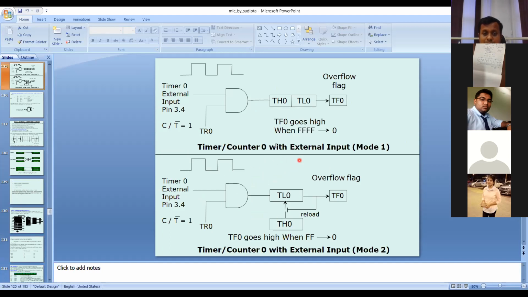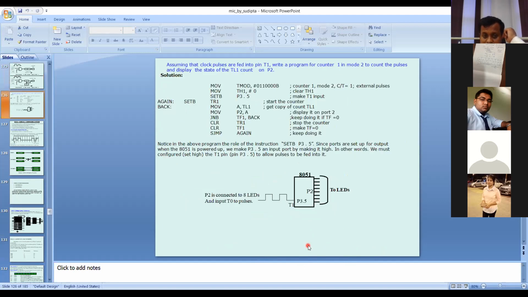This is a counter 0 operation, means clock pulses coming from the external pin 3.4 for timer 0, pin 3.5 for timer 1. This is for mode 2, and this is for mode 1. After FFFF, it will become 0. After FF, it reloads the value of TH0 into the TL0. Just see, one clock pulse enters and it will be shown into the port 2, nothing else.